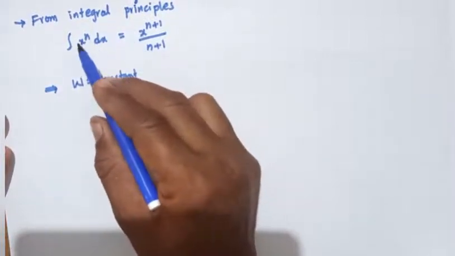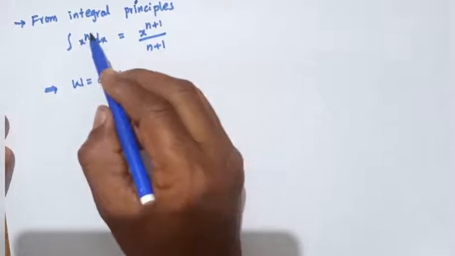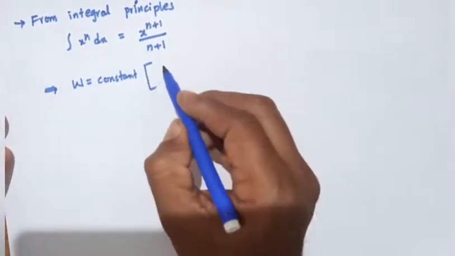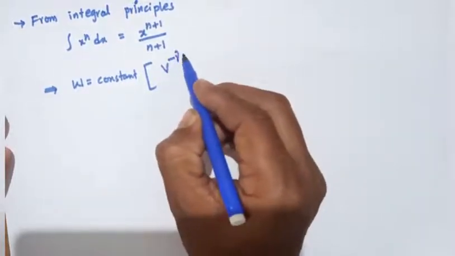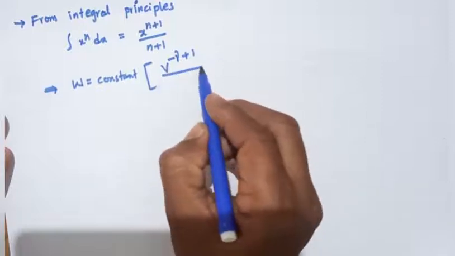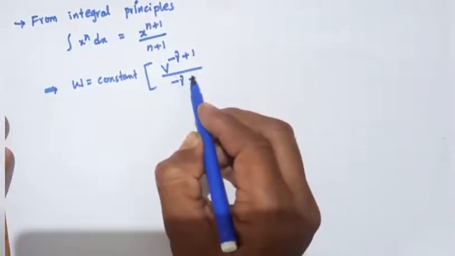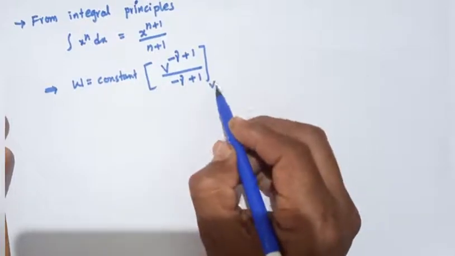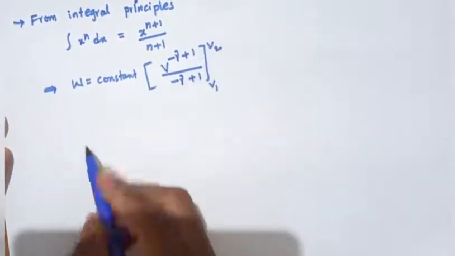With n equal to minus gamma, it becomes V to the power of minus gamma plus 1 divided by minus gamma plus 1, with limits V1 to V2.